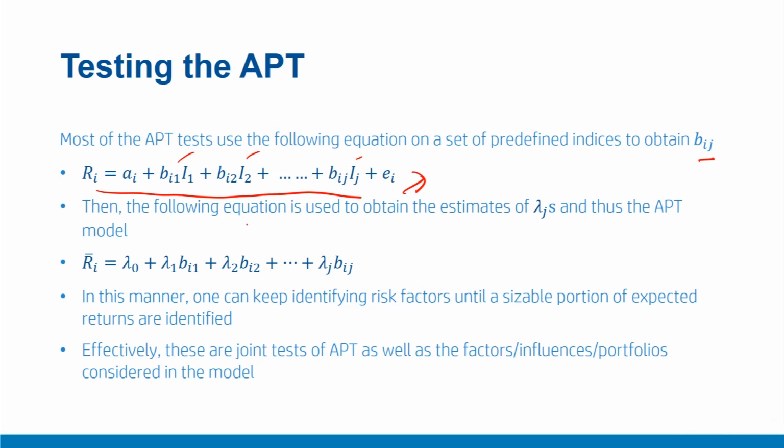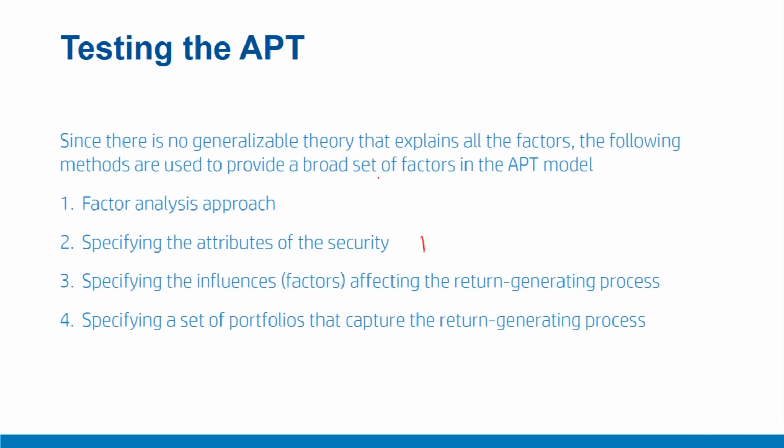Once Bijs are identified, then the following equation is used to obtain the estimates of lambda j and thus completely identify the APT model. So first we start with Ij indices, then we obtain sensitivities Bijs through some kind of regression estimation, and once Bijs are estimated, then putting these values of Bij, one estimates the return generating process and therefore the lambdas.